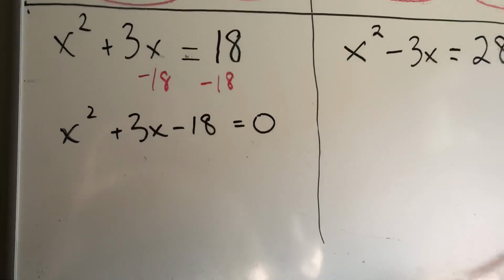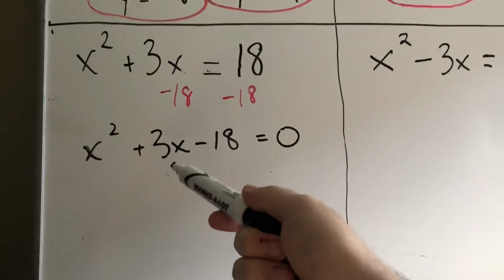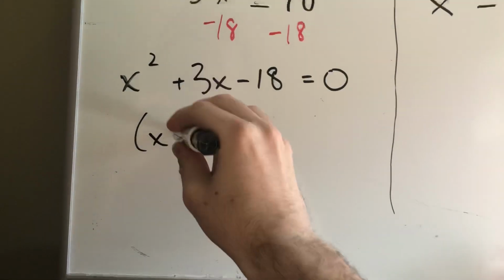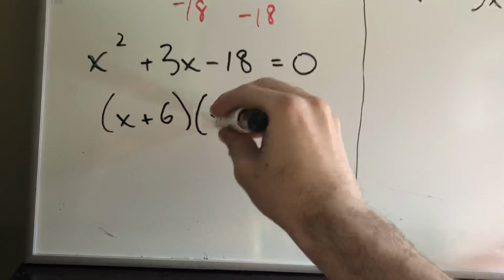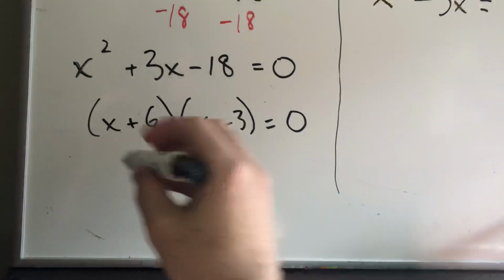That looks like something I can factor. I'm going to look for factors of negative 18 that sum to 3. There's not that many factors of 18. You can come up with this. Positive 6 and negative 3.